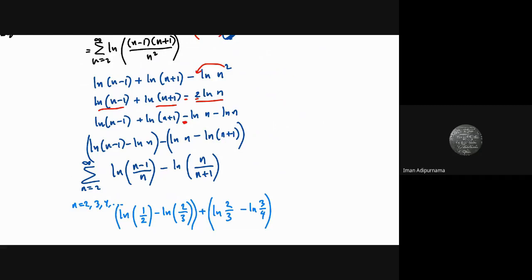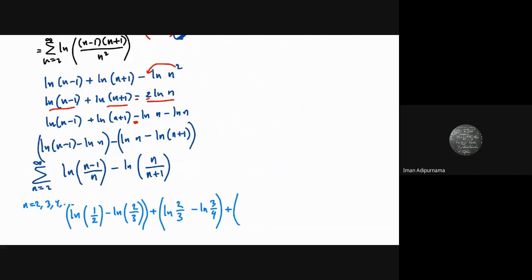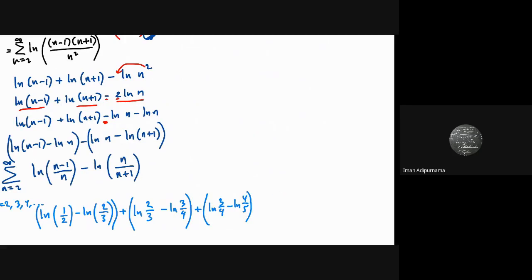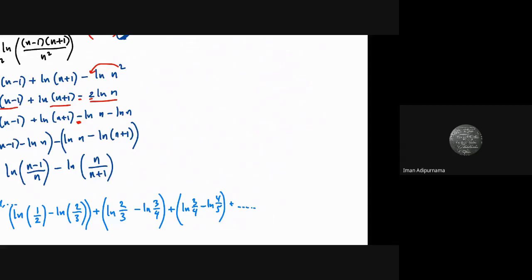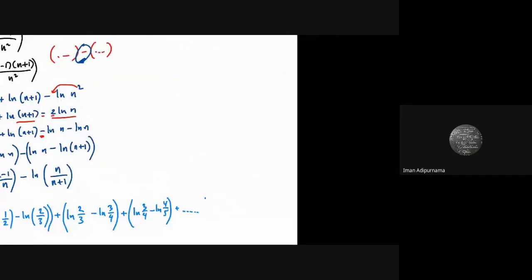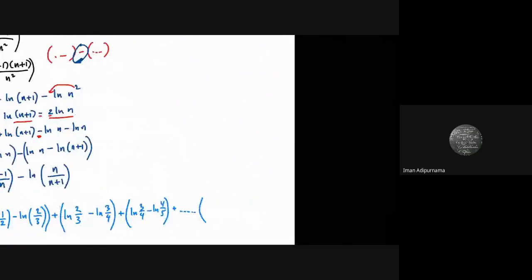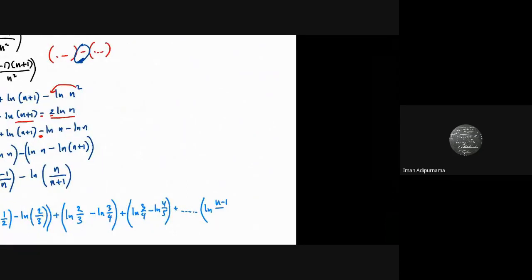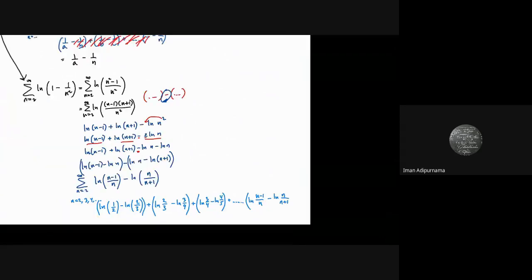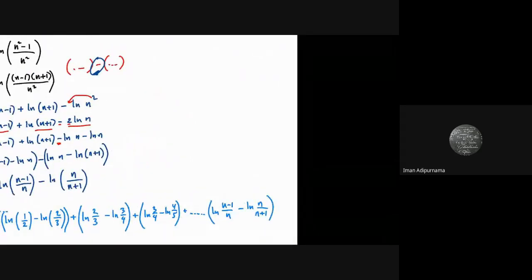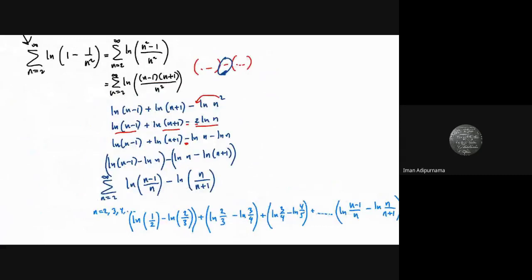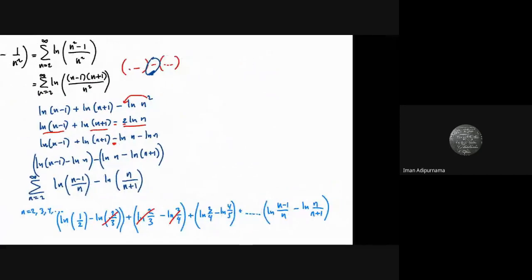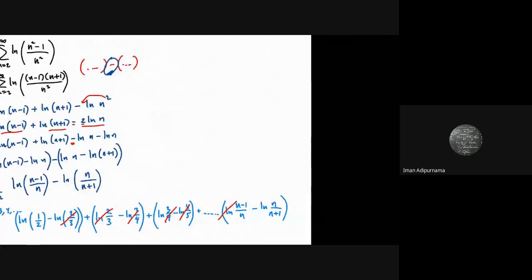Now you see we have made a telescoping sum. We'll stop here, and let's say the last part is this. So all the way here is canceling up until here.